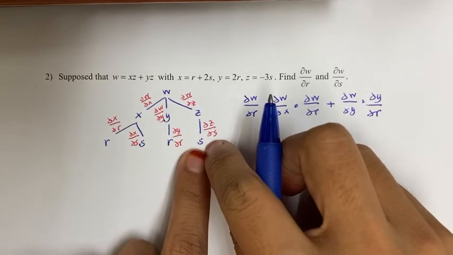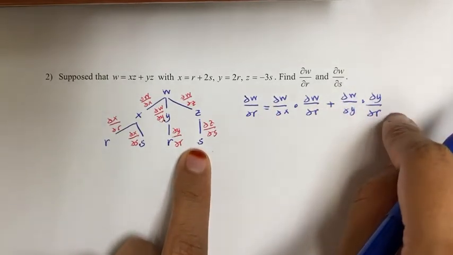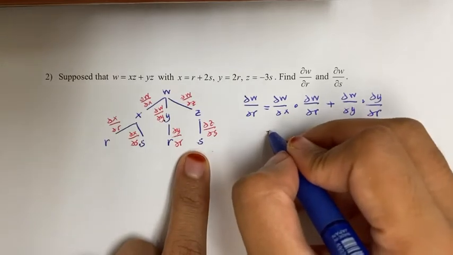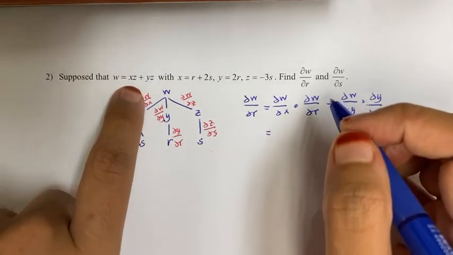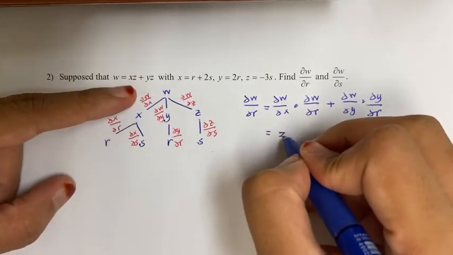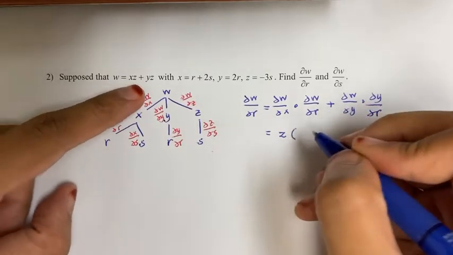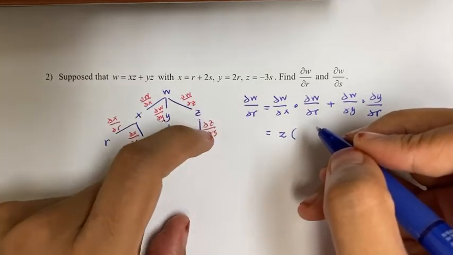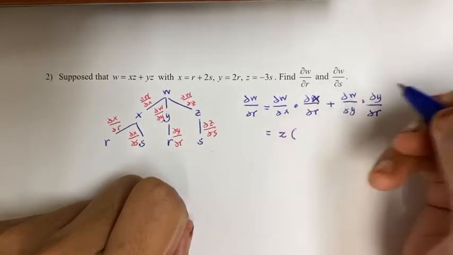Do you have r in z? No, right? So you just have these two combinations. So del w over del x is z, multiplied by del x.